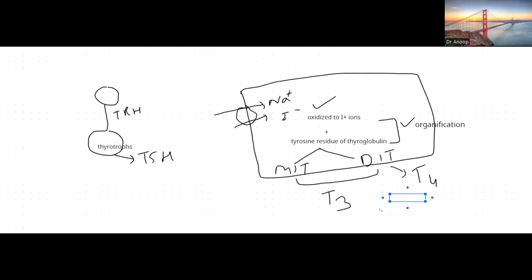There are three types of reactions: oxidation, organification, and coupling.